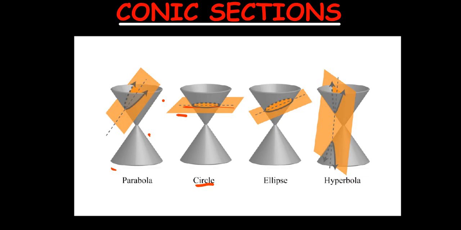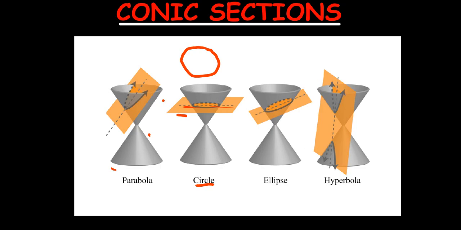When it cuts it like that in a horizontal direction, the intersection that is formed there is a circle. If you invert this and draw it, it looks something like this, to be round. Pardon my drawing, it's just a sketch, but that is the shape that is formed.